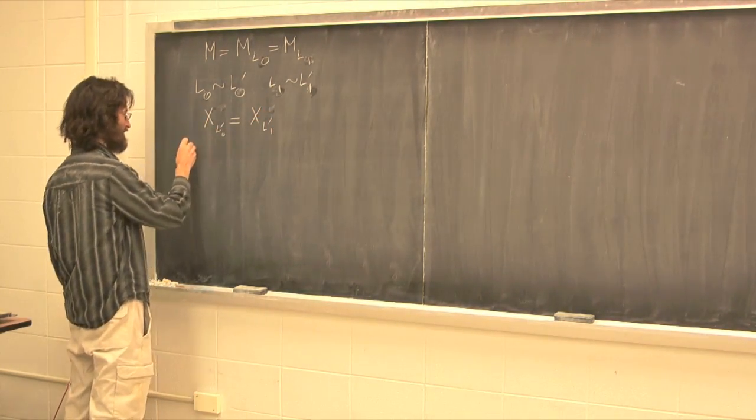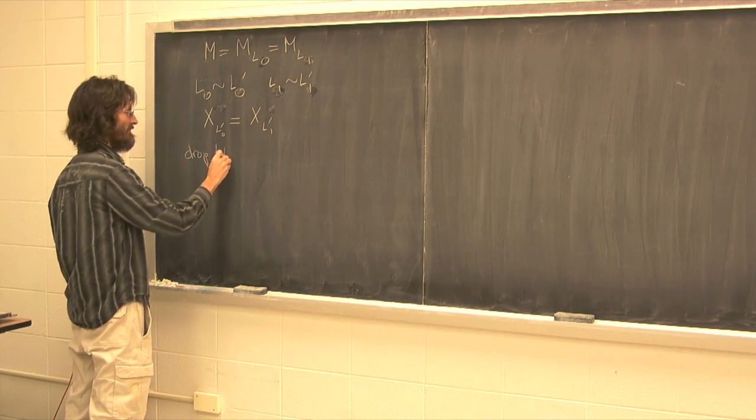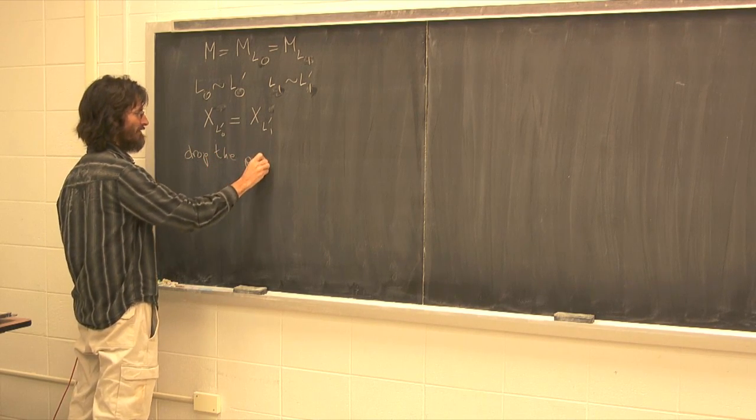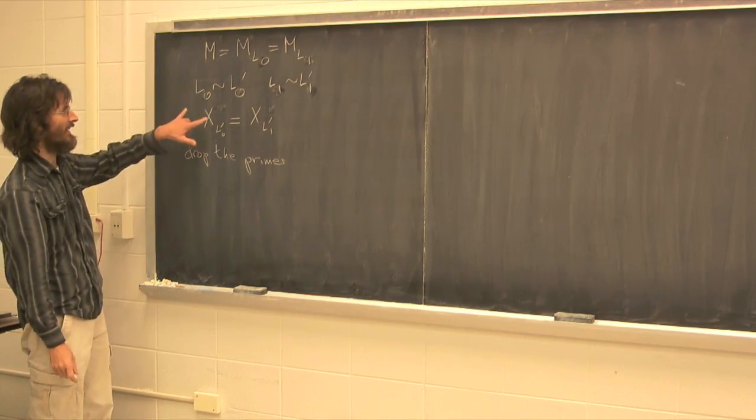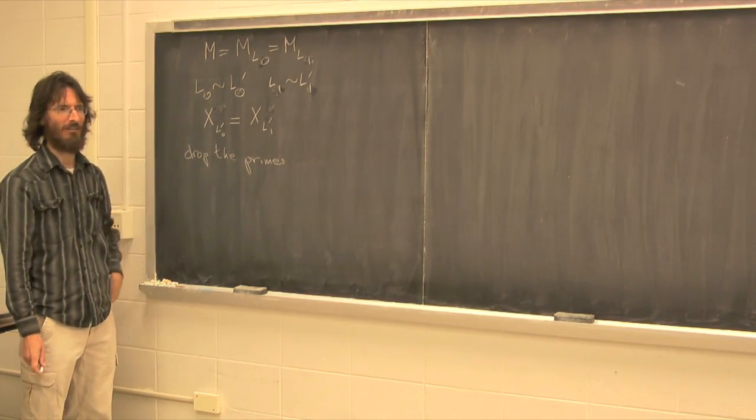I'm not going to drop the primes, and we're just going to assume that we're in this situation where the 4-manifolds are equal to each other. The first step was doing some moves to get the 4-manifolds to be the same.